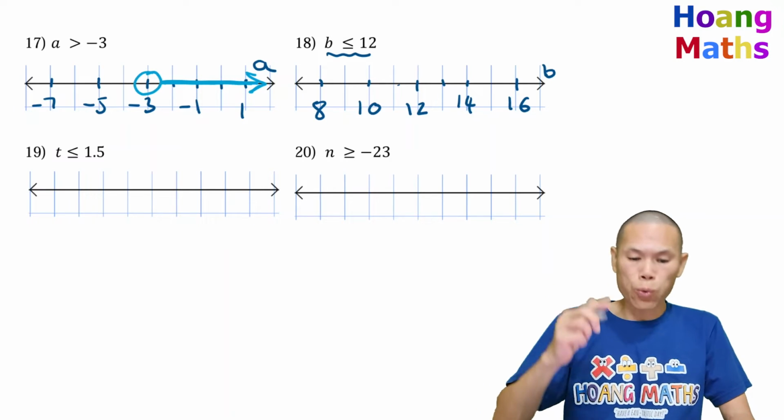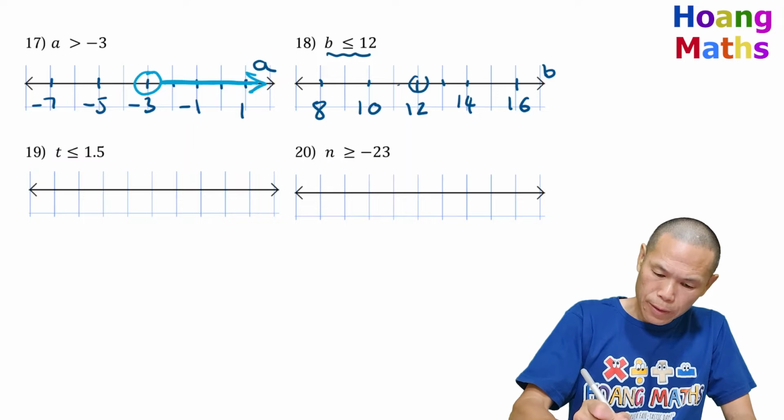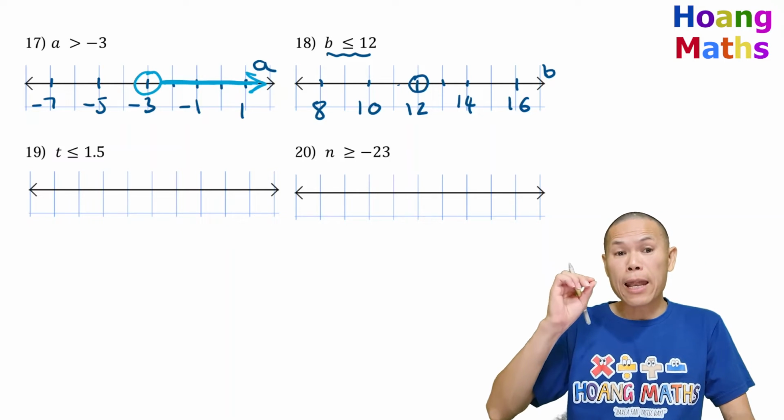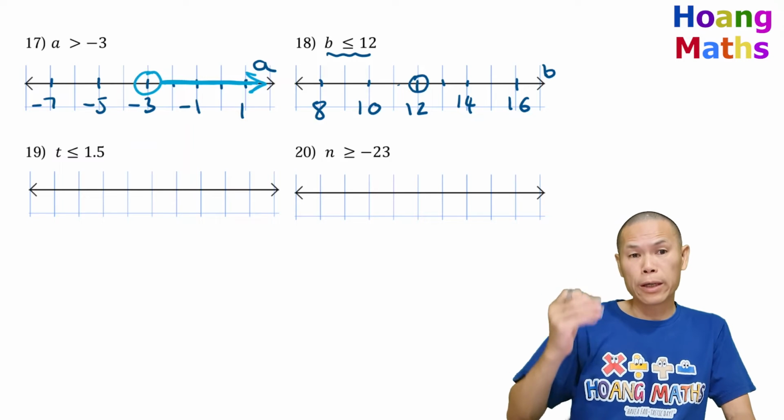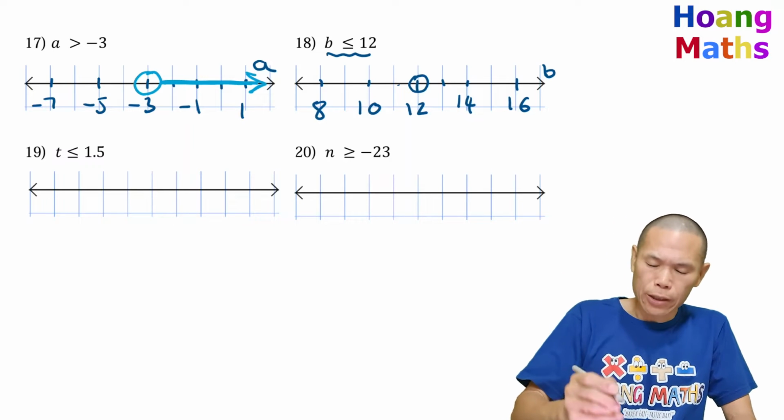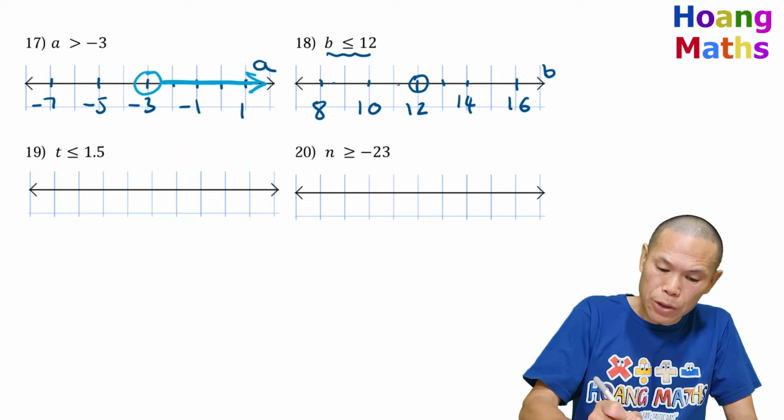Then we circle 12 like this, and less than 12 means all the numbers on the left-hand side of 12 are less than 12. So you can see it here. Let me just draw a line, make it a bit thicker so it's easy to see, with an arrow.